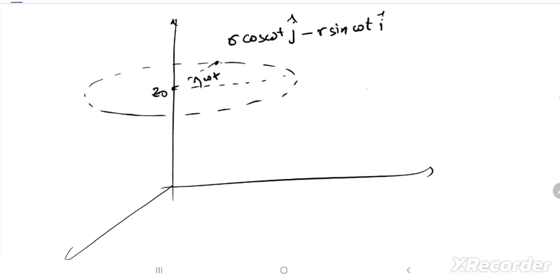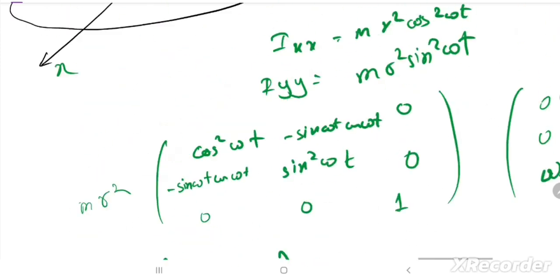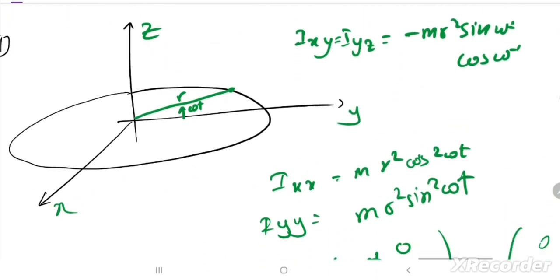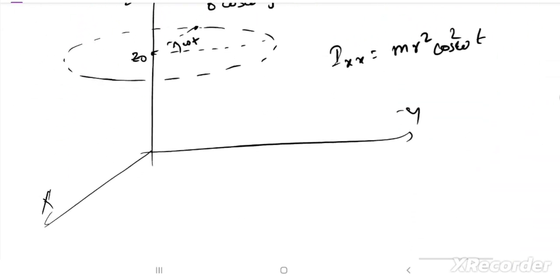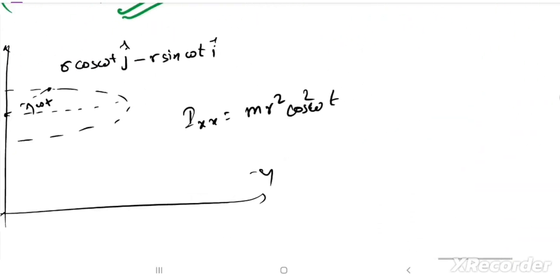What will be Ixx? Ixx can be written as m r square cos square omega t. In the above, what did I do? Yeah, the same thing we are doing here. So Ixx is equal to m r square cos square omega t.